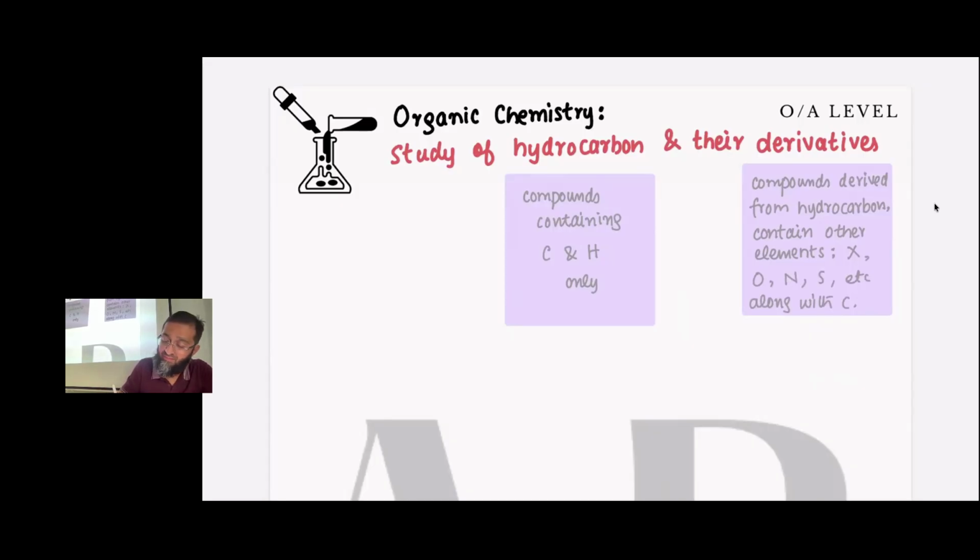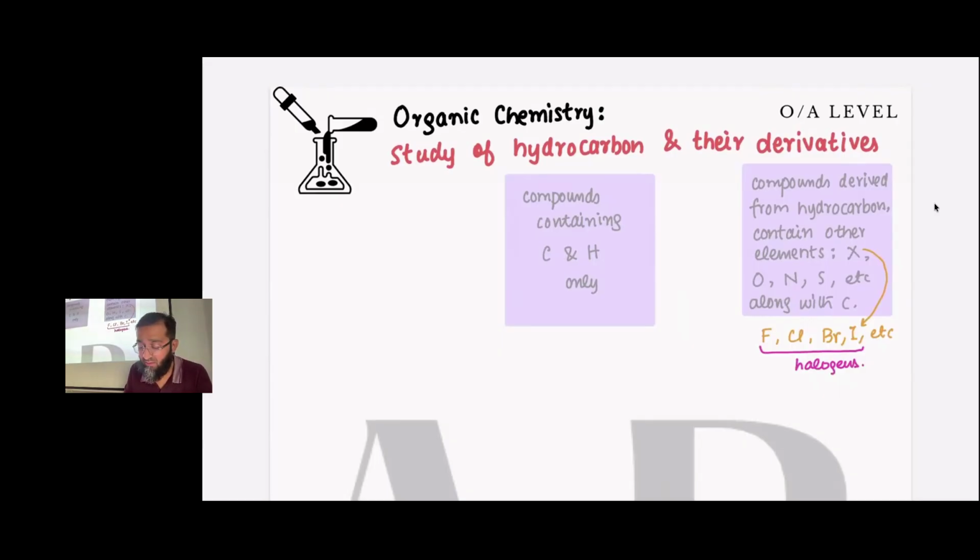Is this clear? Okay. So when we talk about X, so X are actually halogens, which are fluorine, chlorine, bromine, iodine, etc. So organic chemistry, the study of hydrocarbons and their derivatives.